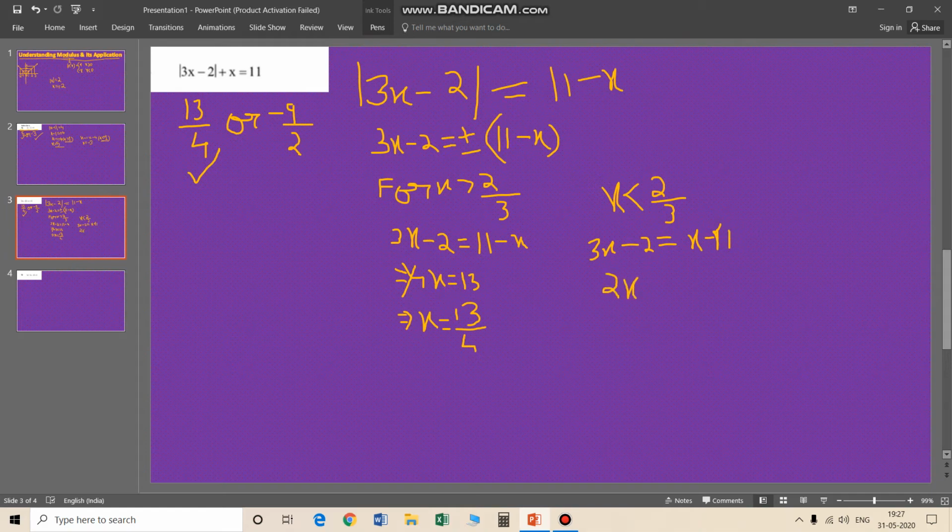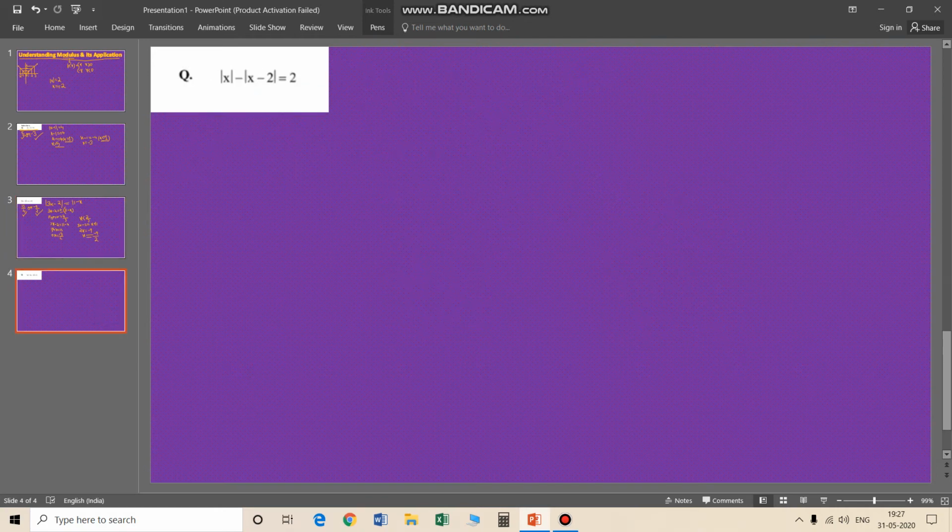There is a trick there also, I will tell you at the last. Here it will be minus 9 by 2, again fairly less than 2 by 3. Then these two are already satisfying. Done. With this, move to the third question.